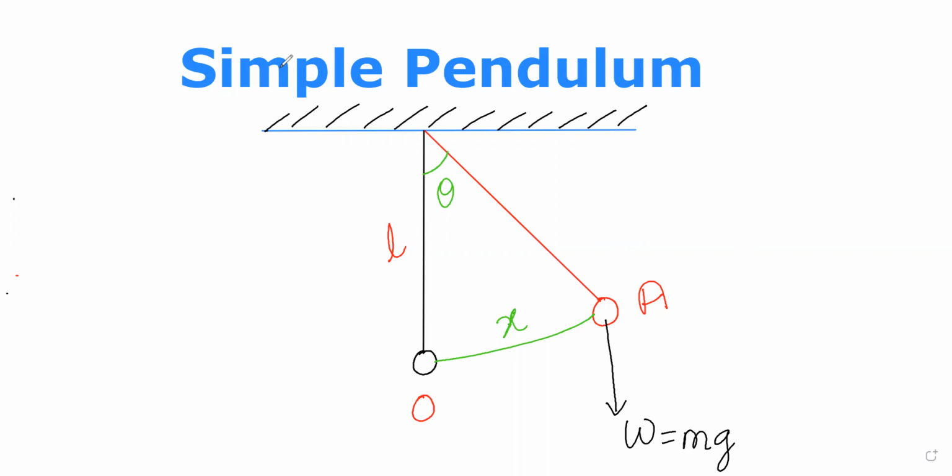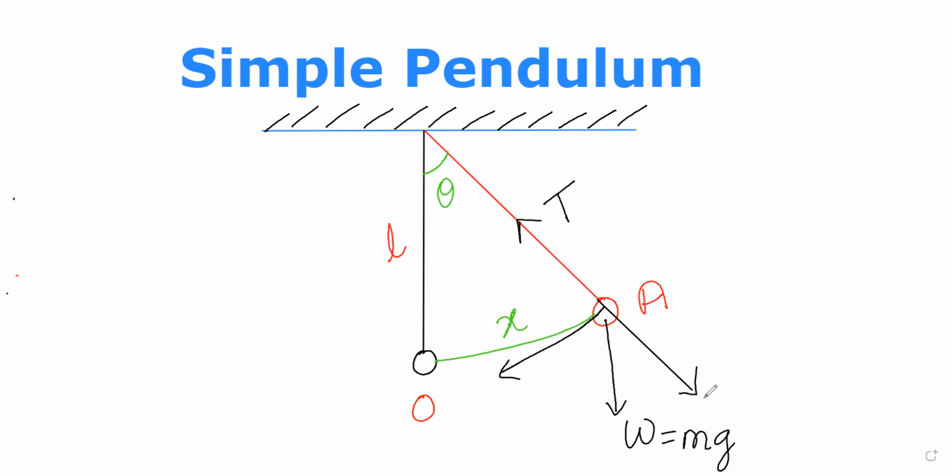Another balancing force acts along the thread in this direction, where W is split into two rectangular components. Along the thread, tension acts, which is taken as T. Tension is the balancing force which allows the thread to stay straight and not bent.